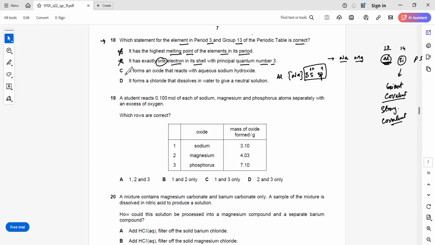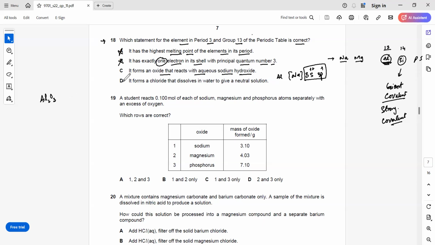Now let's see option C. It forms an oxide that reacts with aqueous sodium hydroxide. So we know that aluminium oxide is amphoteric in nature. So it can react with acids and with alkalis, giving us salt and water.